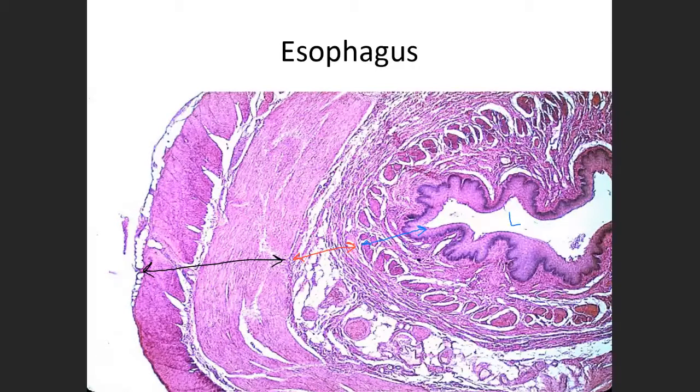Tunica muscularis externa has an inner layer which is circular and an outer layer which is longitudinal muscle. And the last layer, which is in green color here, is called tunica adventitia. So from the start to the end, you can see tunica mucosa, tunica submucosa, tunica muscularis externa, and tunica adventitia at the end.